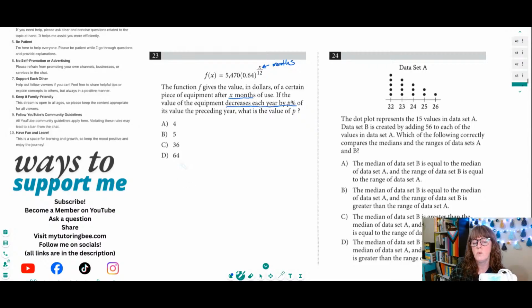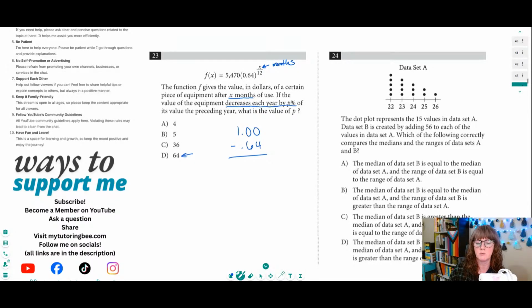So I can see here that this answer is there to trick us because this looks like it's decreasing. Maybe perhaps it's decreasing by 64%. However, the 64% is what's remaining. So what we have to do is subtract that from 1, or we could do 100 minus 64 if we're just speaking in percentages.